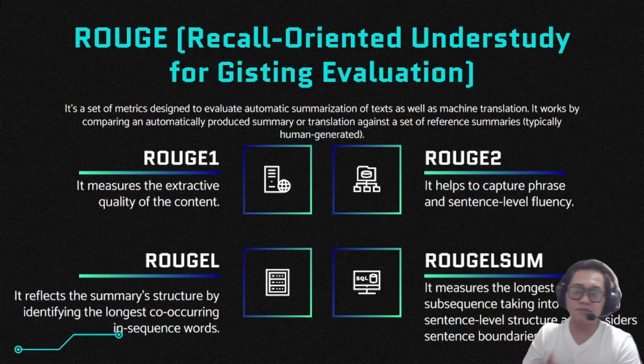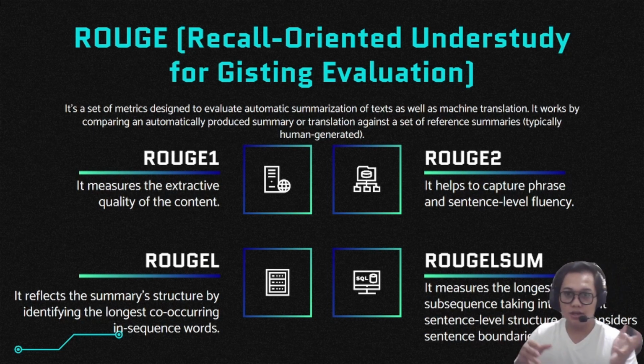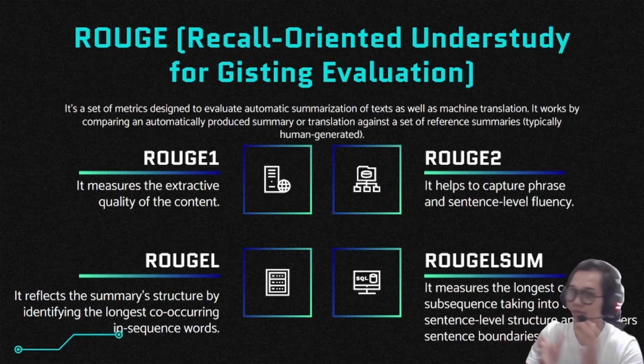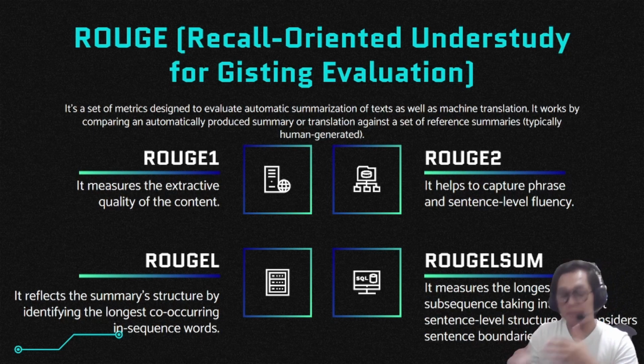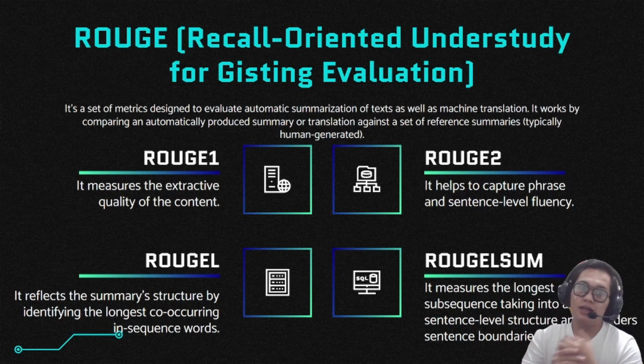It's a set of metrics designed to evaluate automatic summarization of text as well as machine translations. It works by comparing an automatically produced summary or translation against a set of reference summaries, typically human generated. ROUGE-1 measures the extractive quality of the content. Well, we'll talk about it later down the line.